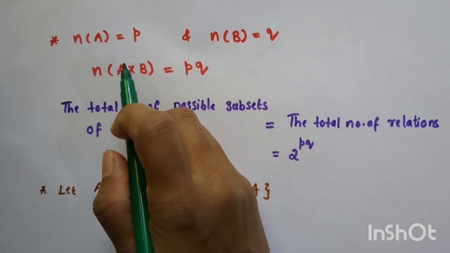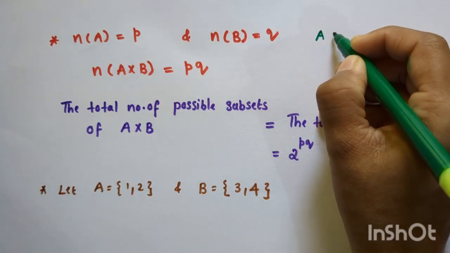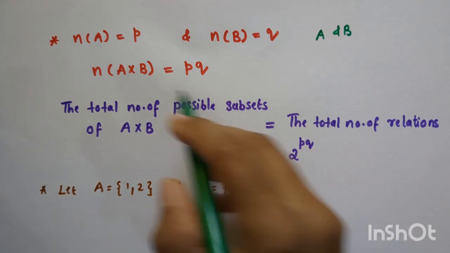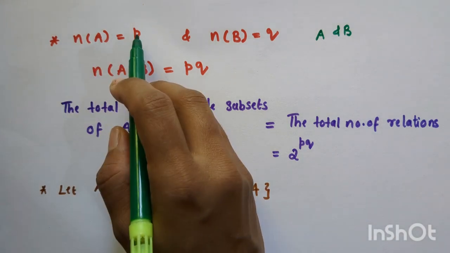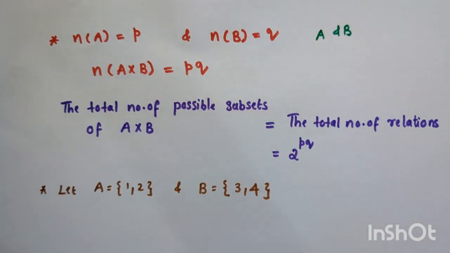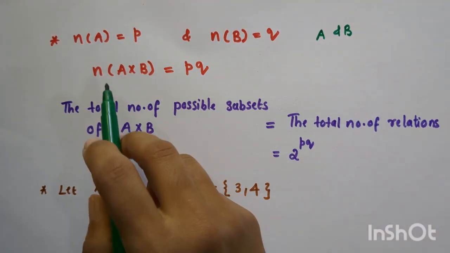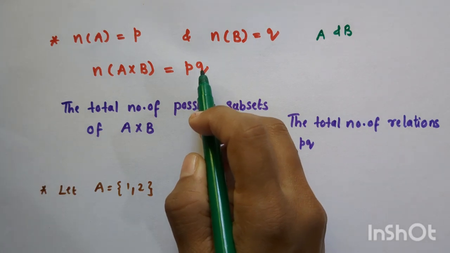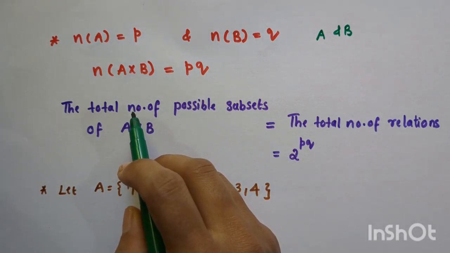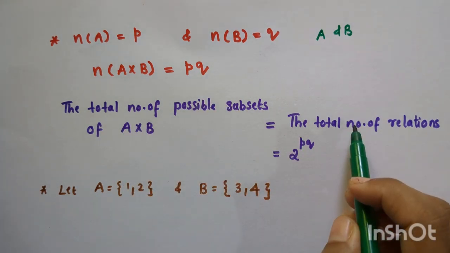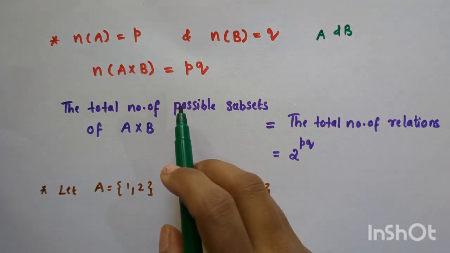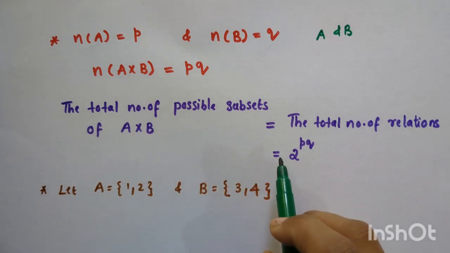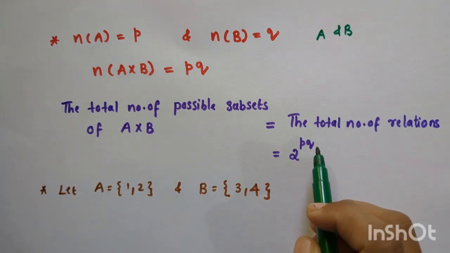Now, suppose we have two sets A and B. Let the number of elements in A be P and the number of elements in B be Q. Then n of A cross B will be equal to P into Q. The total number of possible relations will be equal to the number of possible subsets of A cross B, which is 2 raised to P into Q.